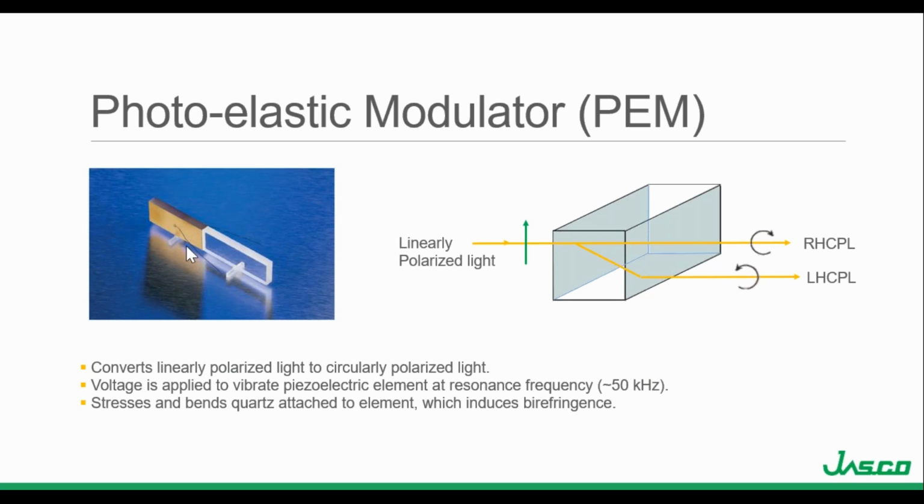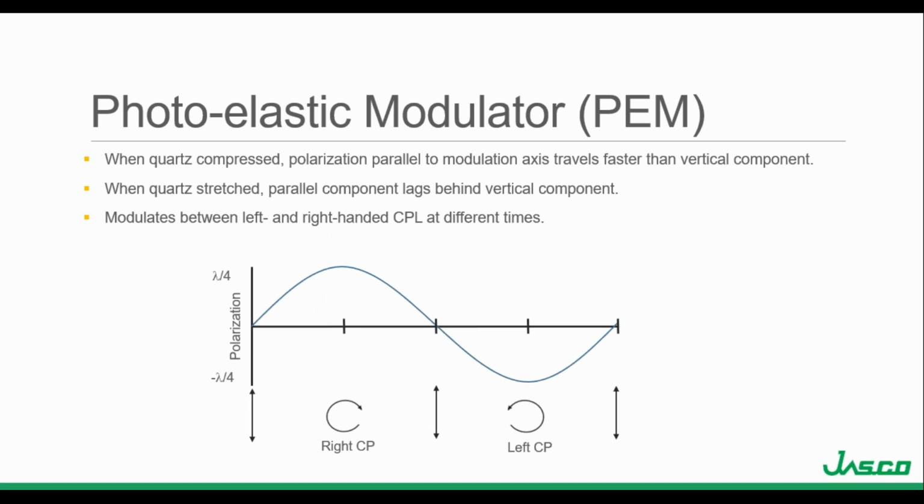That vibration in the piezoelastic element, since it's bonded to that fused quartz block, is going to stress and bend the quartz piece attached, which induces birefringence in the quartz. Since linearly polarized light is composed of 2 electric field components, one parallel and one perpendicular to the modulation axis, they're going to travel through that birefringent quartz material at different speeds, effectively retarding one of the waves.